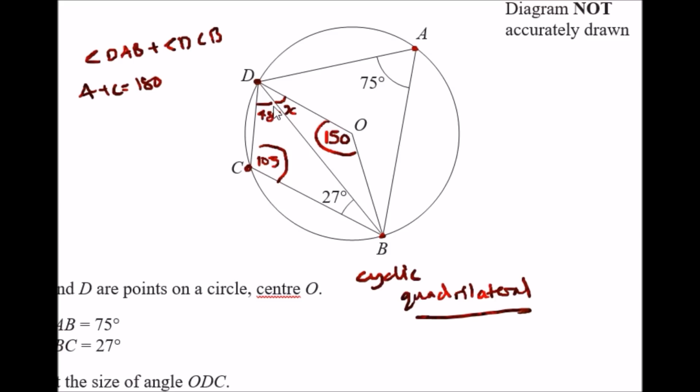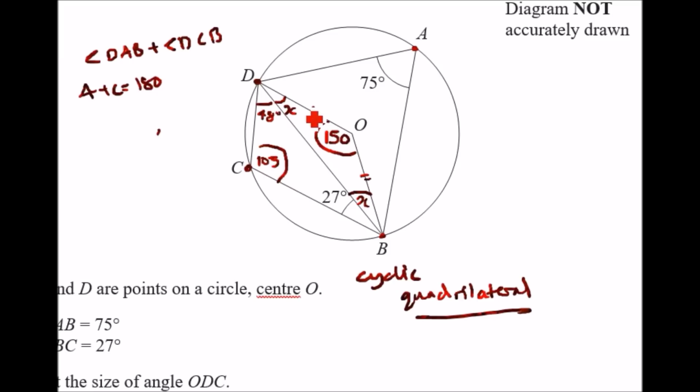Let's consider DOB. We have an isosceles triangle here. Every time there's a chord involved and center O connects to both ends of the chord, the triangle is always isosceles. So we can call this value X too.